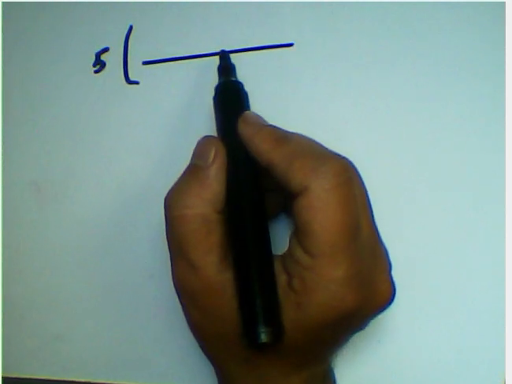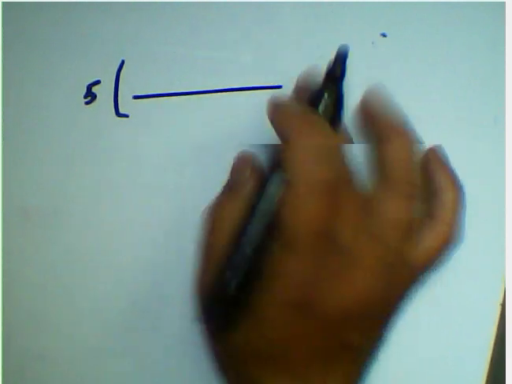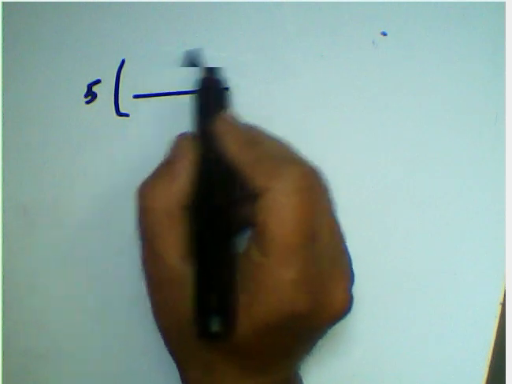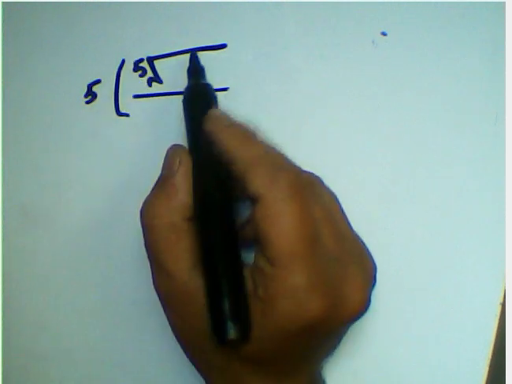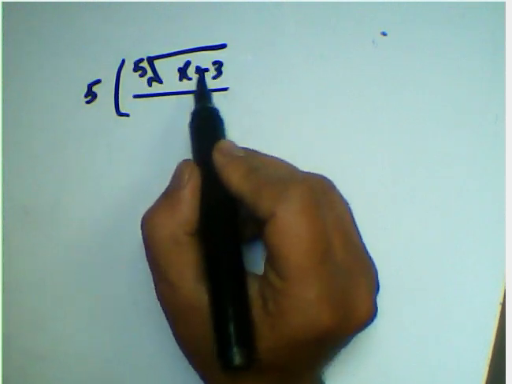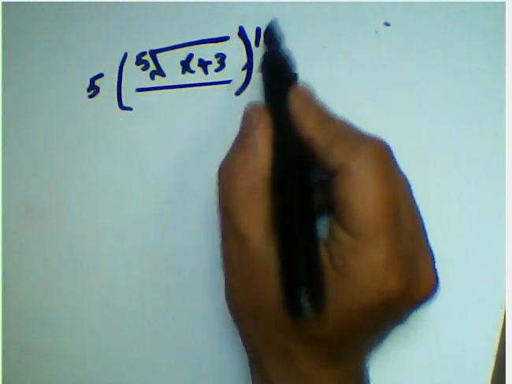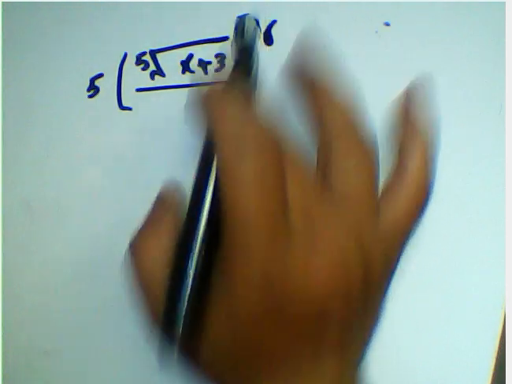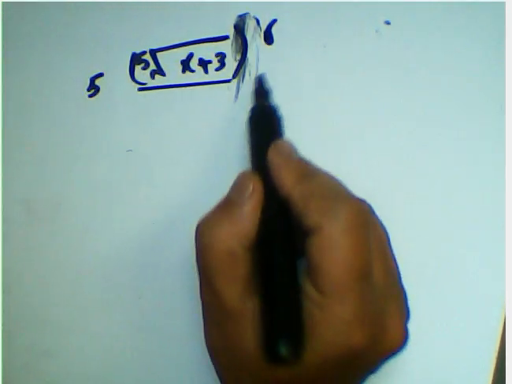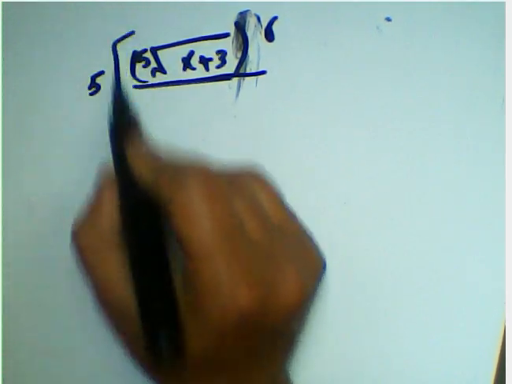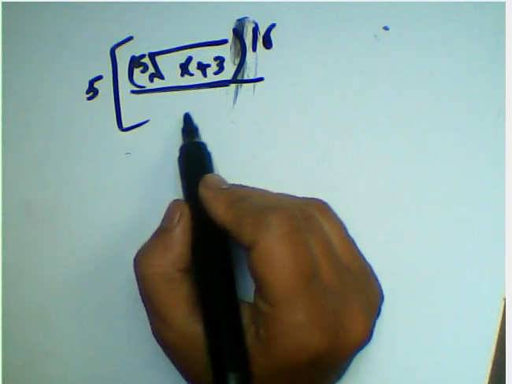The result will be 5 outside, the fifth root of x plus 3, all power 16 in the numerator, divided by 16, and so on.